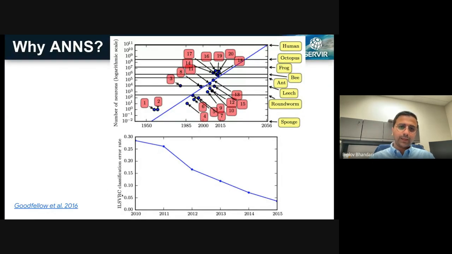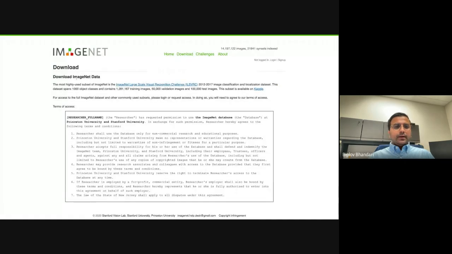So this is an example from the ILSVRC, which is again the ImageNet dataset. Let me quickly share that over here. So this is the dataset that we're talking about, the ImageNet Large-Scale Visual Recognition Challenge.